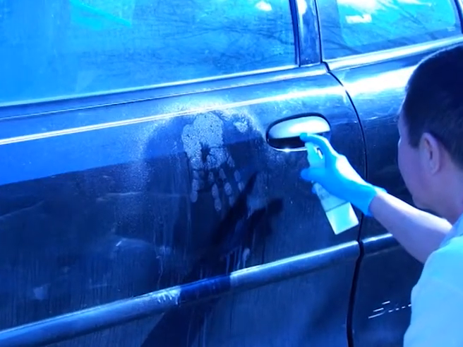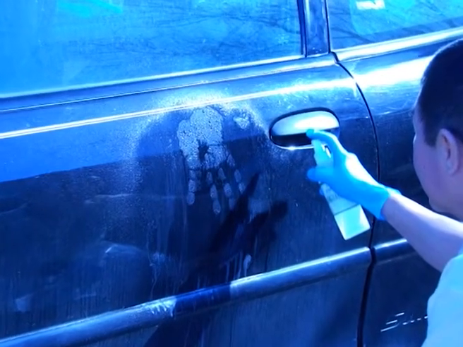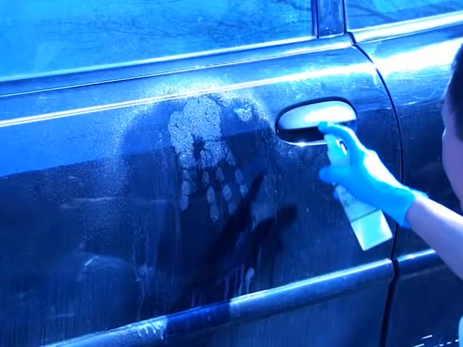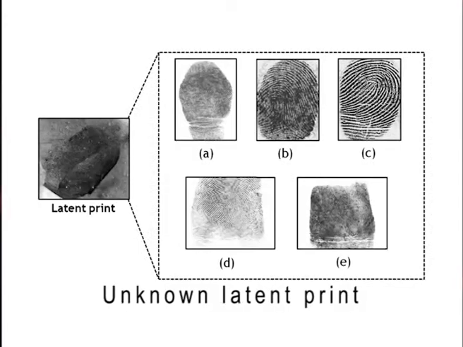Then we have the latent to latent search. If no identification is made on the LT to TP searches, the latent print examiner still has other search options available. The latent print examiner could initiate a new search in which the unknown latent print is searched against a database of unknown latent prints.